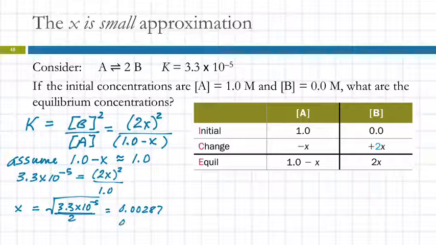So I'm going to take this 0.00287, divide it by the 1.0, multiply by 100 to get percentage. 0.00287 divided by 1, times 100, that's 0.287%. So that is smaller than 5%. Assumption is valid.